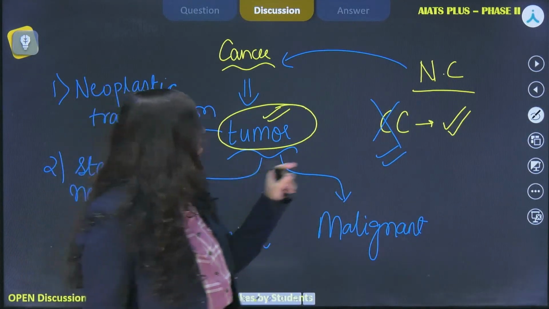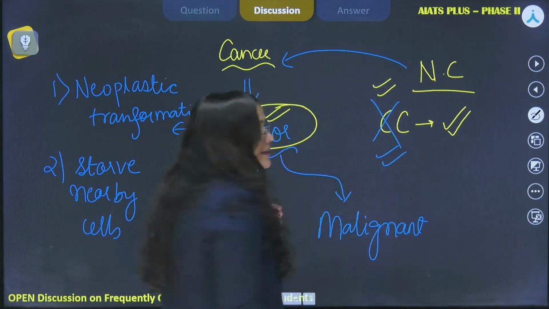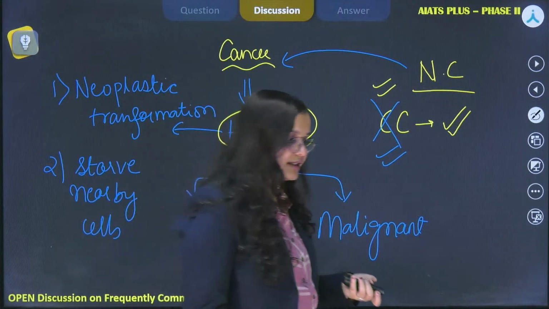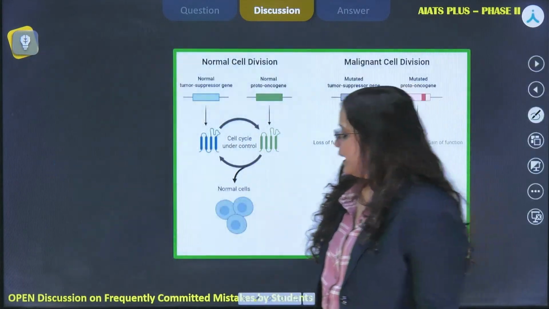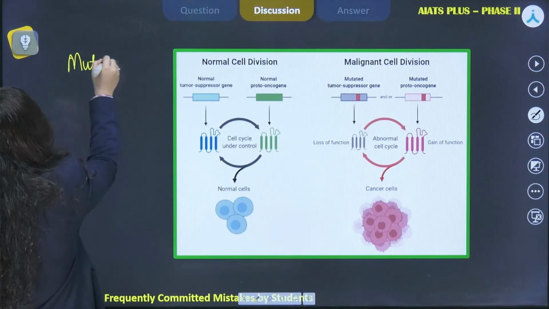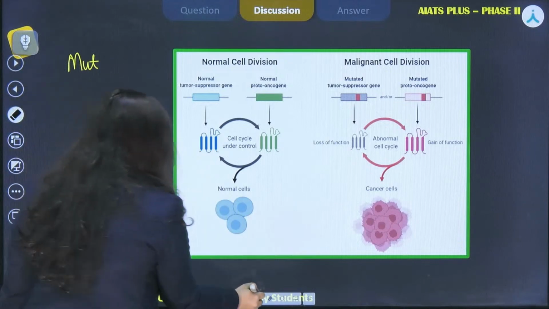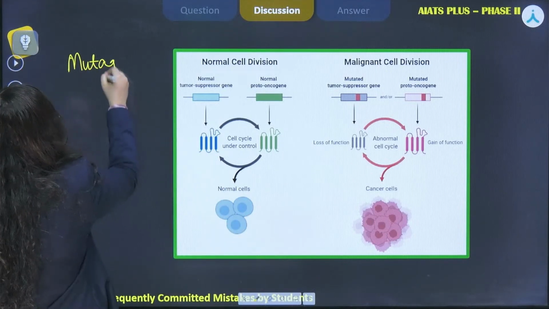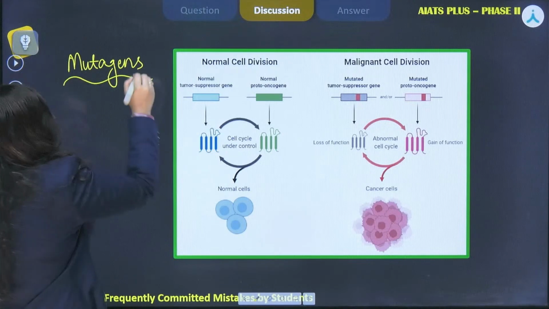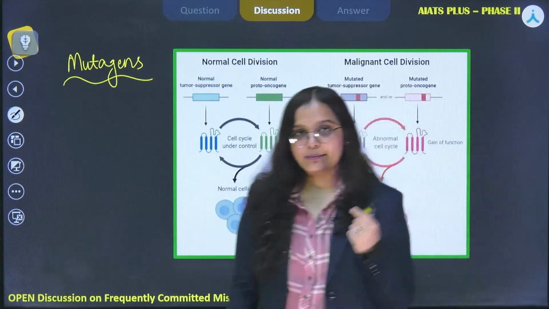Now what is the cause of this disruption in the cell cycle? There can be various causes, like mutagens, which can give rise to mutations, which are changes in the nucleotide sequences or nucleotide bases.